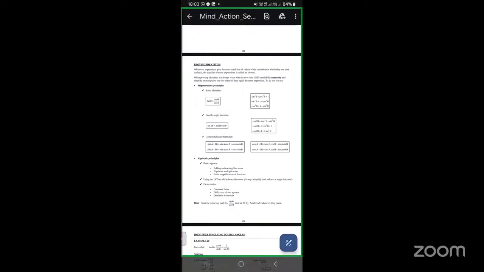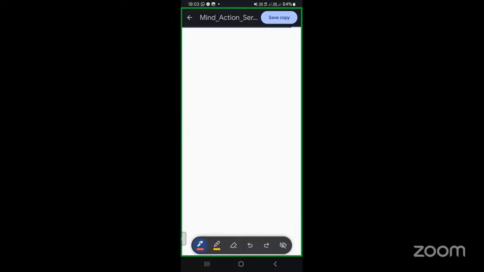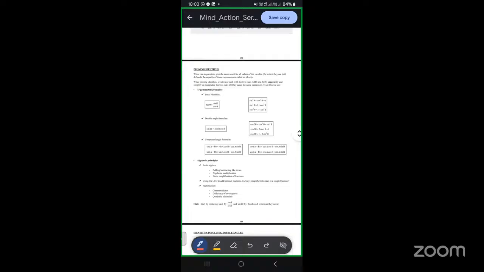I think we once talked about this, that wherever maybe there is tan, you can just change that tan into sine over cos. Maybe it will help you out. Or you can add this information: if maybe you see cot theta, then you can write that as 1 over tan theta.